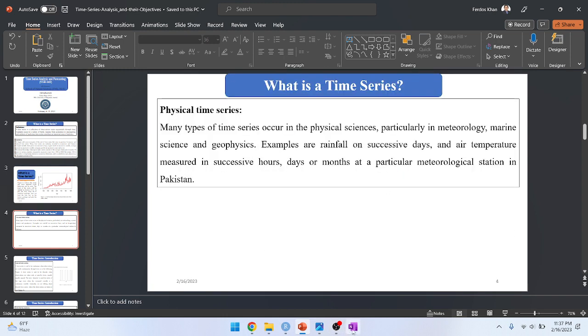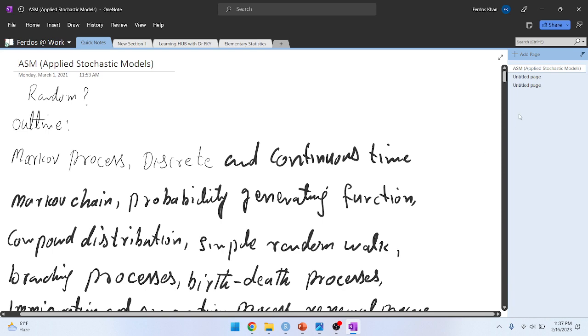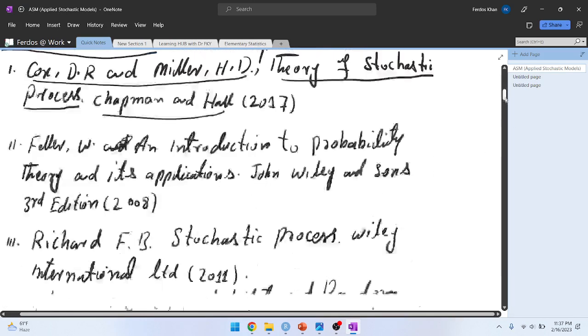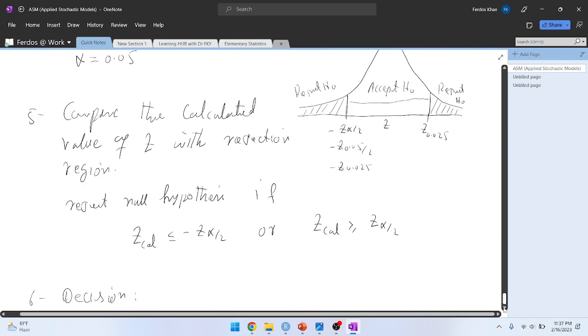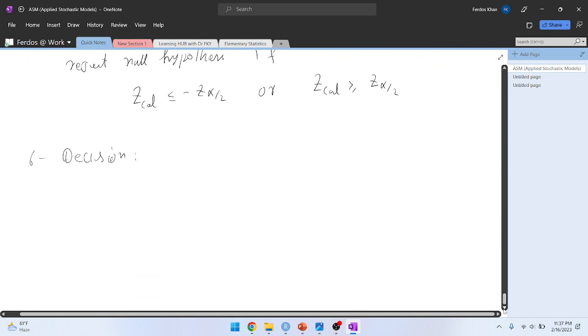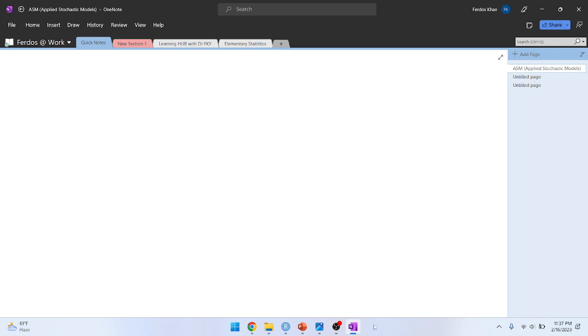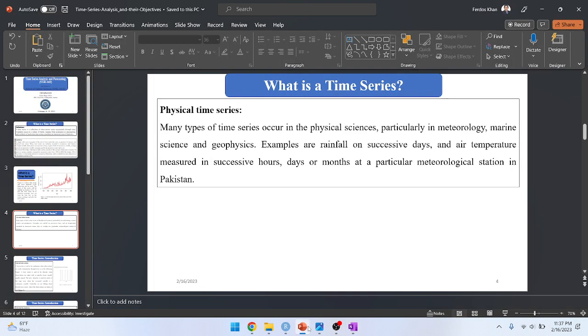Physical time series. You can also have physical time series. Many types of time series occur in the physical sciences, particularly in meteorology, marine sciences, and geophysics.